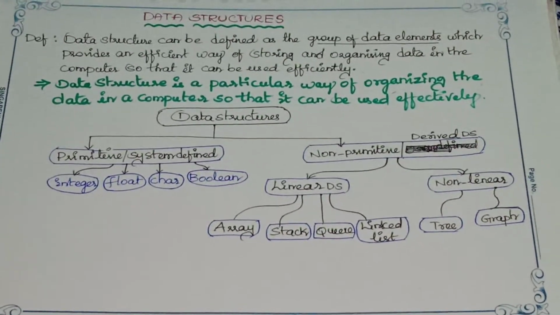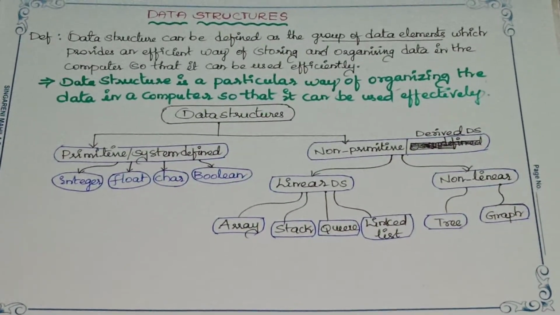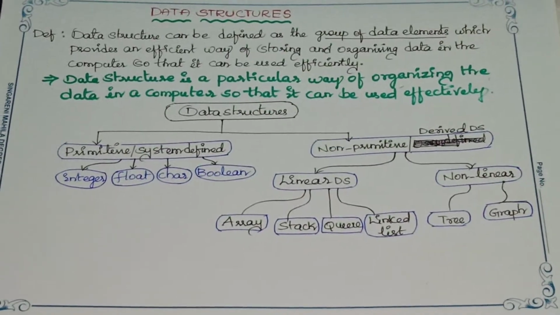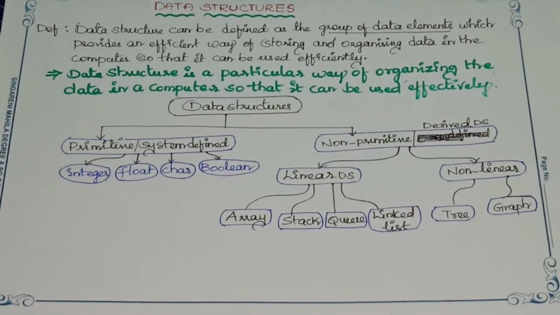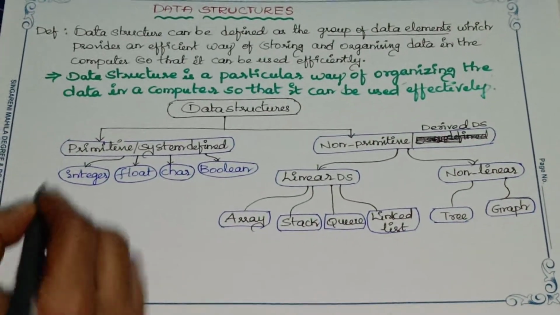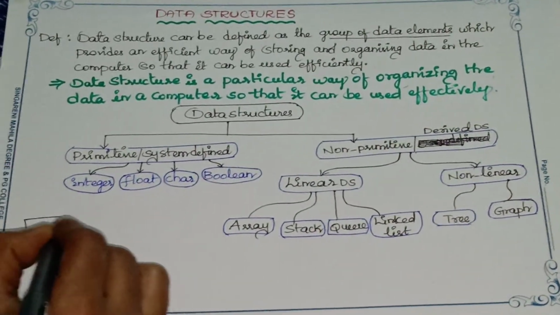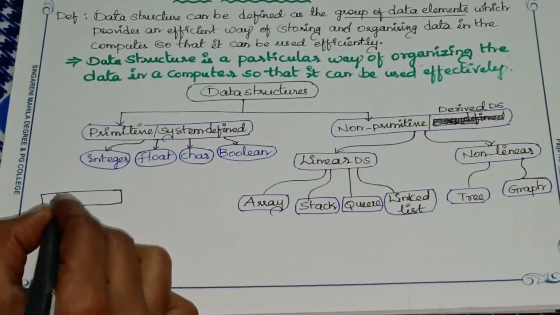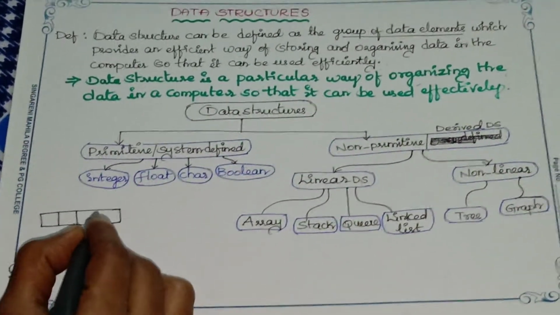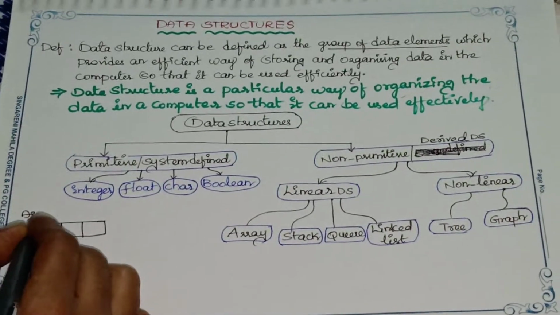When we discussed the arrays concept, array is also one type of data structure. Why? Because array is a set of elements of similar type. It is going to store elements in a contiguous memory location. So we can treat array as a data structure.